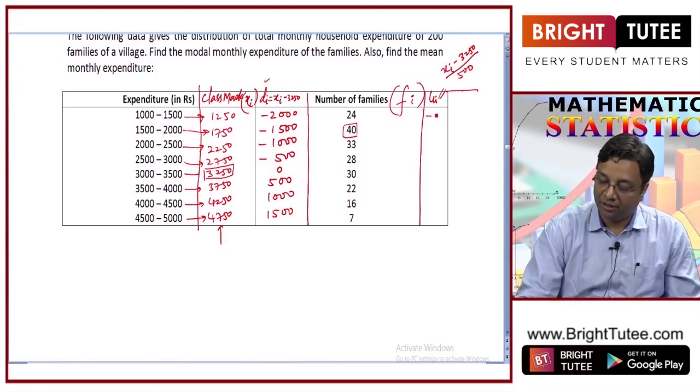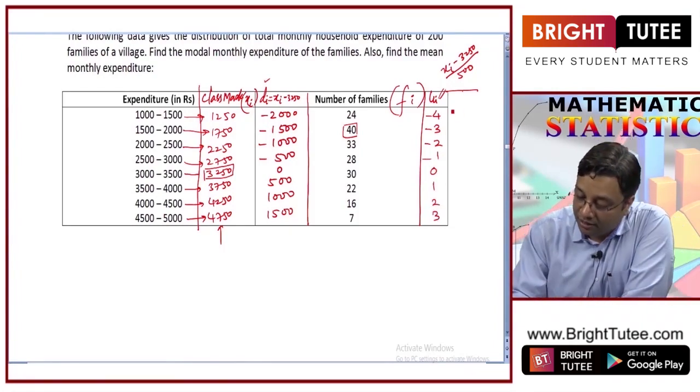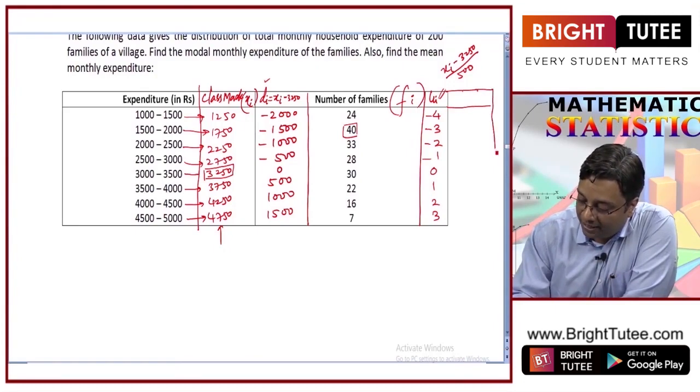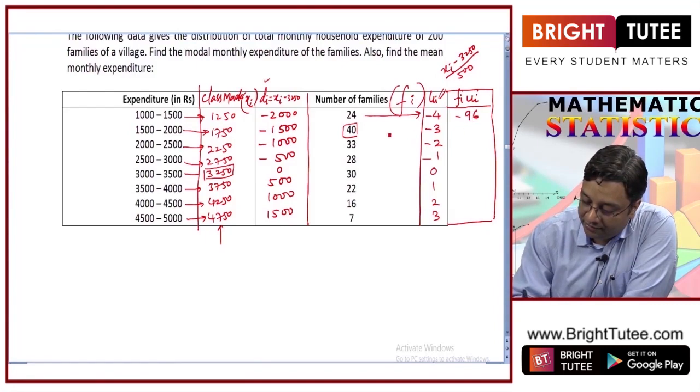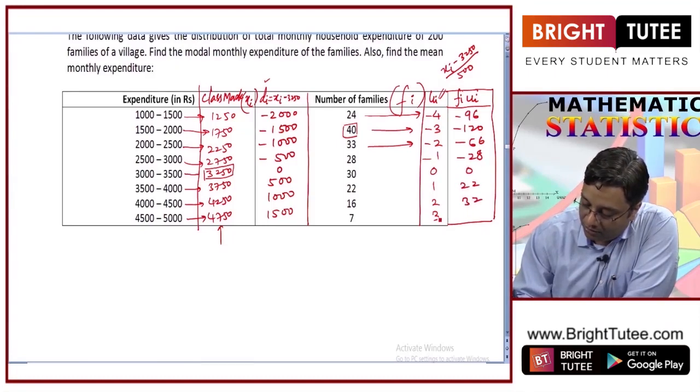So the first number will become minus 4, then minus 3, minus 2, minus 1, 0, 1, 2 and 3. Now for applying the step deviation method, I would require fi ui, which means the product of these. So it will be minus 96, minus 120, minus 66, minus 28, 0, 22, 32 and 21.